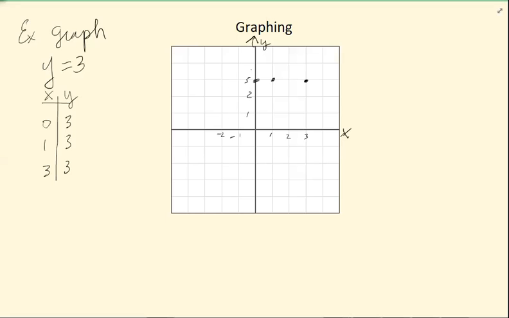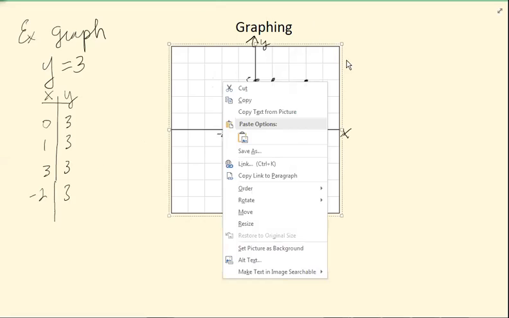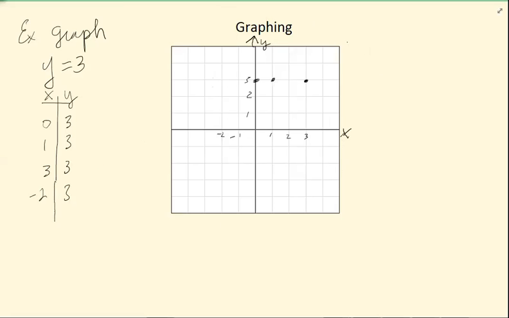Okay, so I could continue with this. I could find more ordered pairs if I wanted to. Let's pick some negatives. We have a 3 for the y. How about a negative 2? So here's that point in here, right there. Whoops, I lost my point. I'm not sure why that happens, but anyway, I'll try it again. There it is. Okay, negative 2, 3. Those are the ordered pairs.